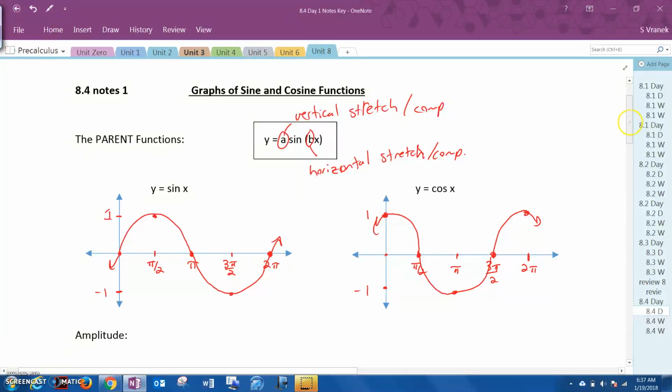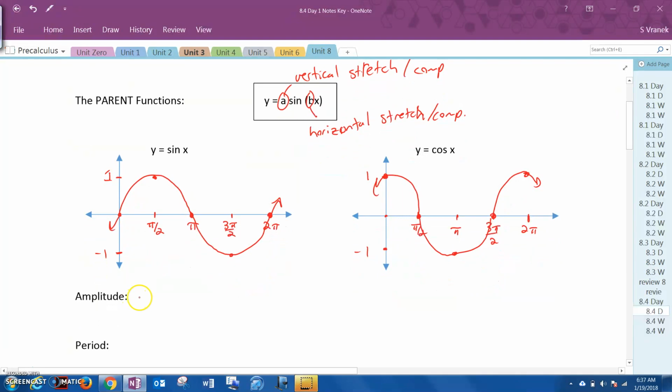So we're going to see how these values change it. So the amplitude is basically your a value, and it's the distance from the middle line. I think it's also called the node, midline or node, to the top or bottom, also known as the crest and trough.